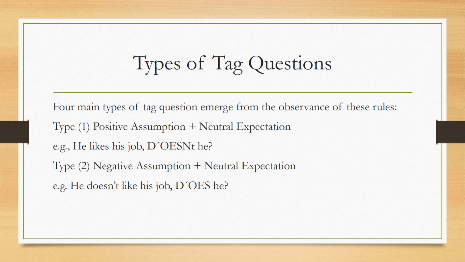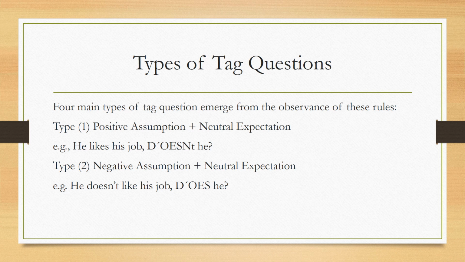Here the speaker is actually asking because he needs an answer, and he does not expect a specific answer. The answer to such a question, doesn't he, can be either yes or no, positive or negative.